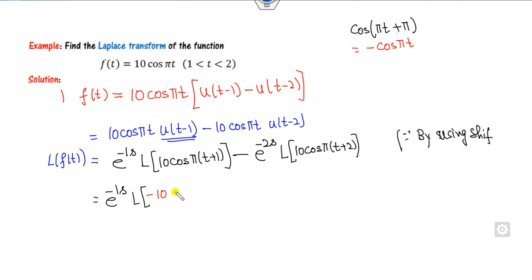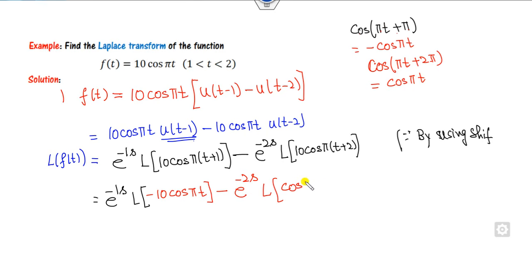So I can say minus 10 cos pi t, minus, what is that? It's Laplace of, again if I open that, it will be cos of pi t plus 2 pi. So 2 pi plus something lies in the first quadrant, it is positive, plus cos pi t. Fine, it's 10 times.